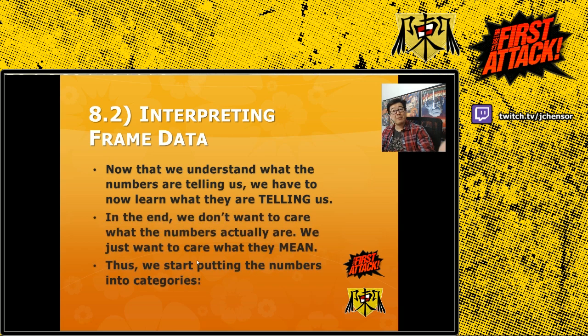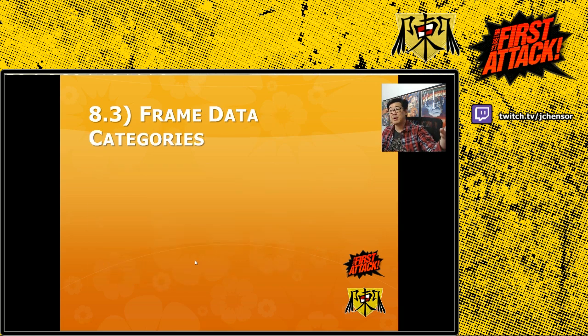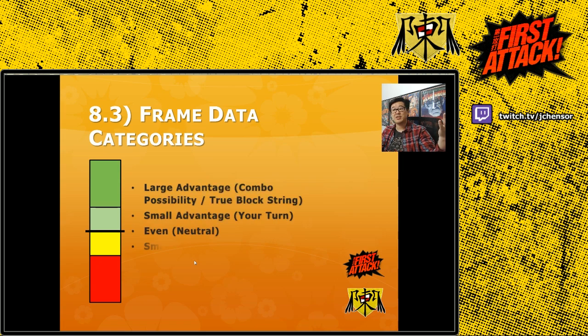So if you block my light punch or get hit by my heavy punch, you're in the same situation, a small advantage. Even though it's on hit or on block, you end up in the same kind of situation. So after you hit your opponent, if you happen to be in the yellow box, you're at a small disadvantage, which means it's their turn, and you have to respect the opponent's actions after this action occurs, whether they block or get hit, because it's their turn.